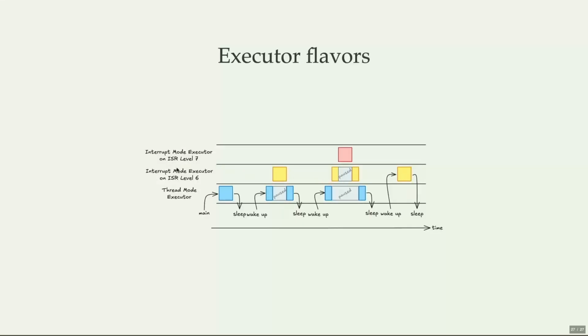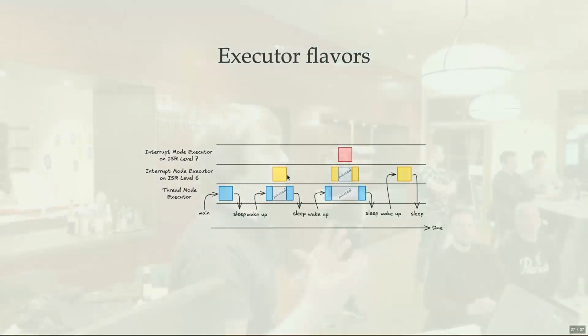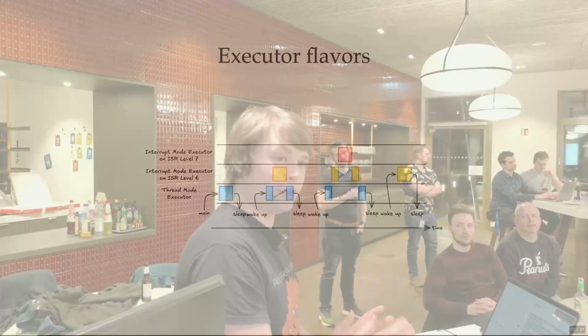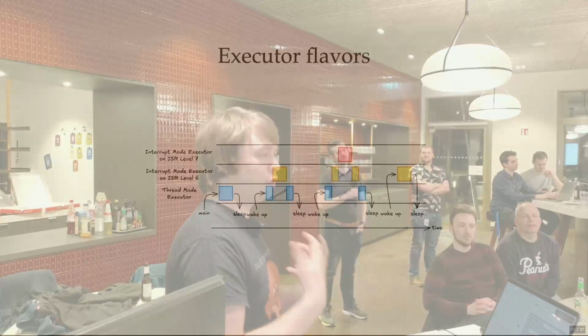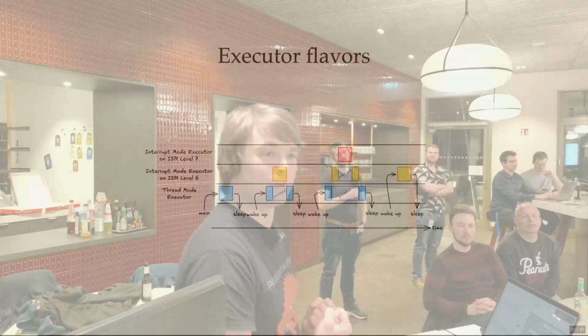So for example, if we have an interrupt mode executor running on this ISR level 6 here, then it might completely preempt our thread mode executor for the time it is running. So yes, you can get a bit of preemption through this, but you cannot actually do a full context switch like an operating system would do it.